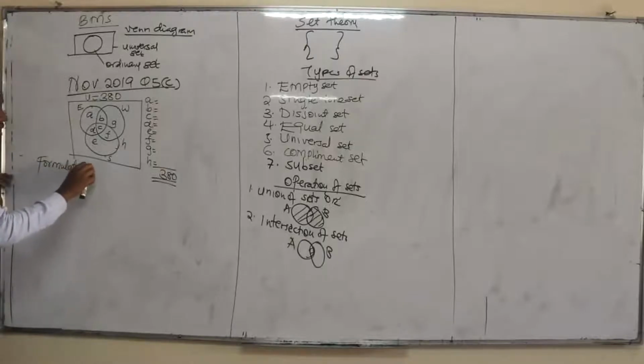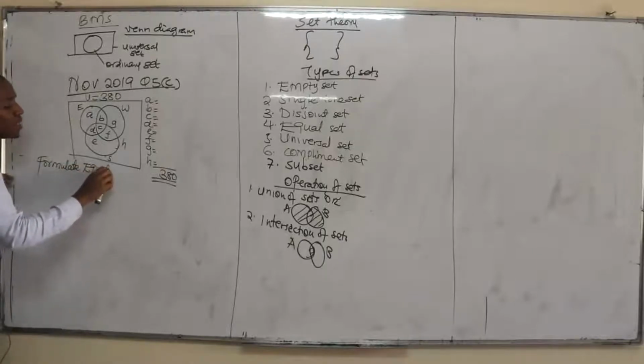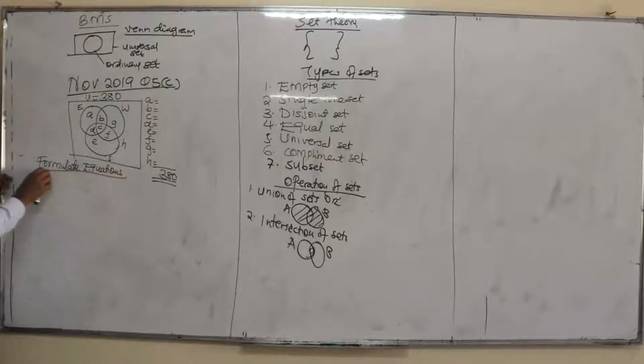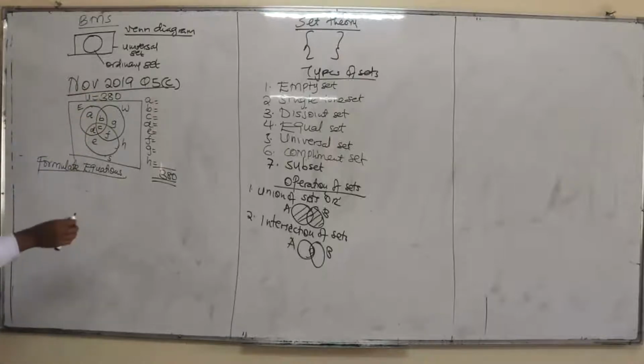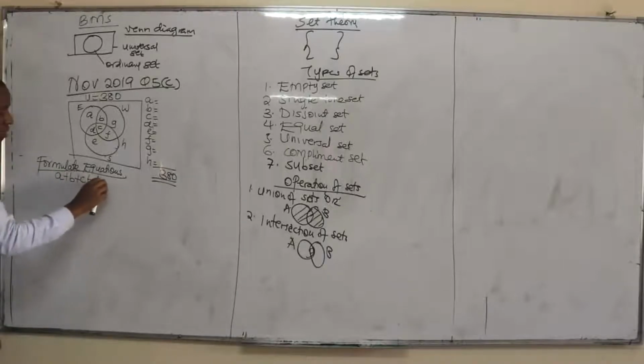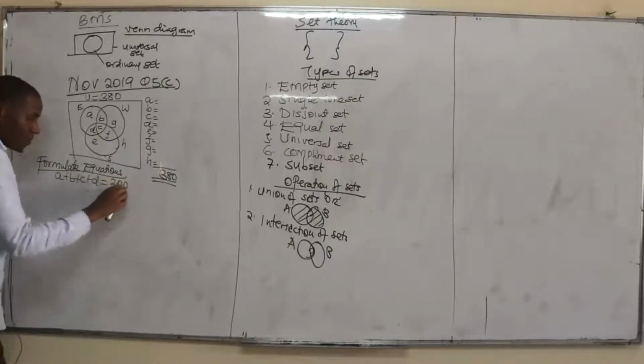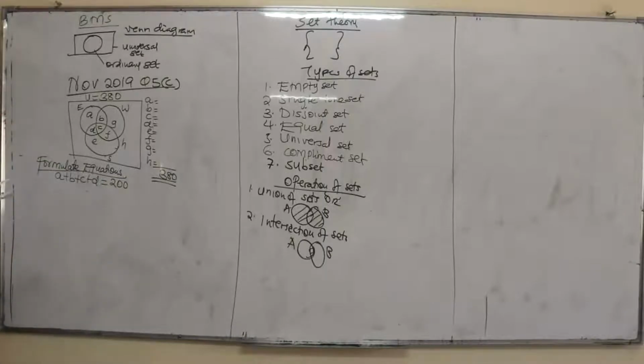After that, you formulate equations, depending on the information given. From the first one, 200 represented the Eastern region. So those in that circle are A, B, C, and D, and that is 200. We also have 160 athletes who represented the Western region.